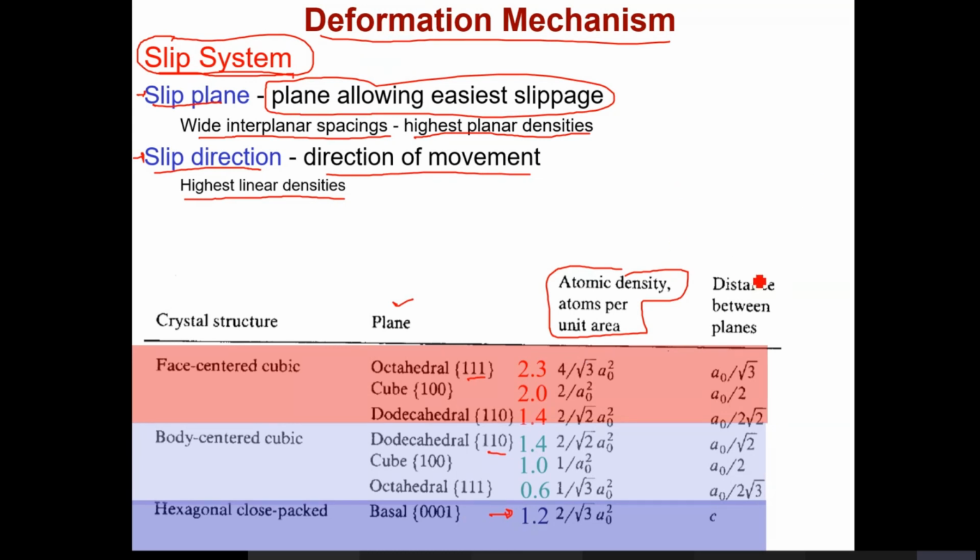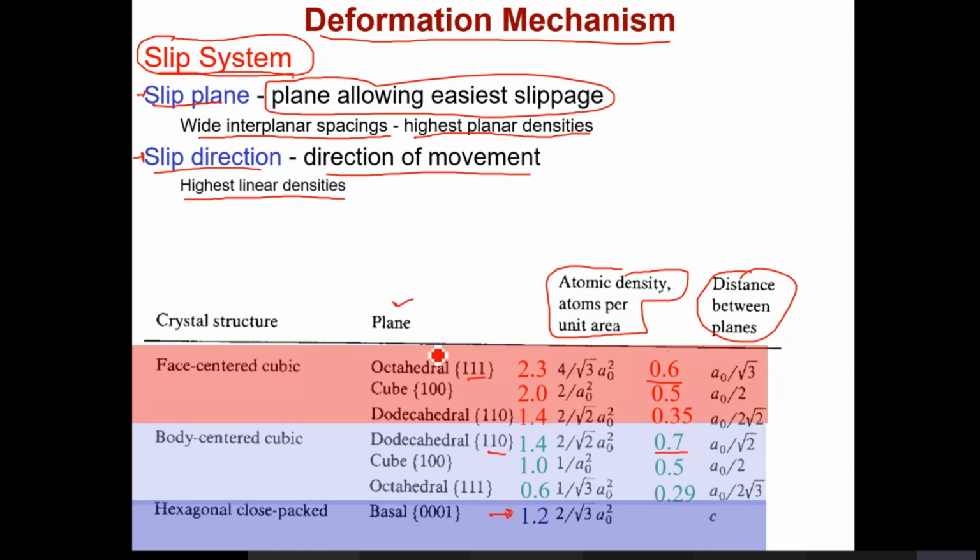And if we compare the distances between the planes, that is the interplanar distances, you would see again that {111} planes have the widest interplanar spacing. Similarly, body-centered cubic structures have the widest interplanar spacing for {110} planes. You don't need to calculate for hexagonal close packed because you already have a single plane available that has the highest atomic density.